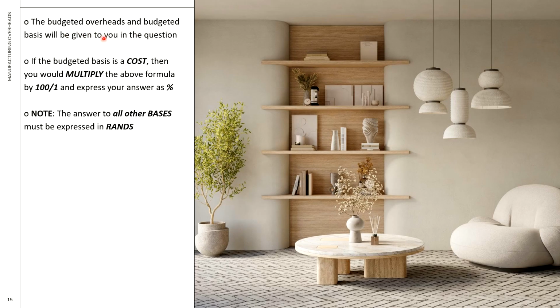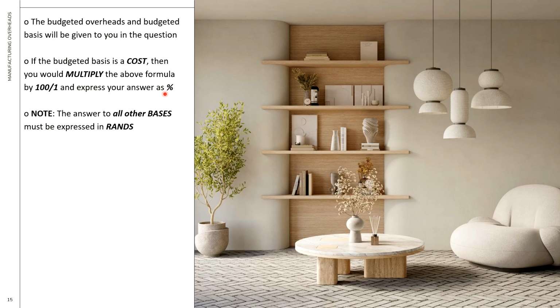Your predetermined rate. Okay. So if the budgeted basis is a cost, that means your basis will be your direct labor cost or your direct material cost or any cost. As long as it is a cost, then you would multiply the above formula by 100 and express your answer as a percentage.